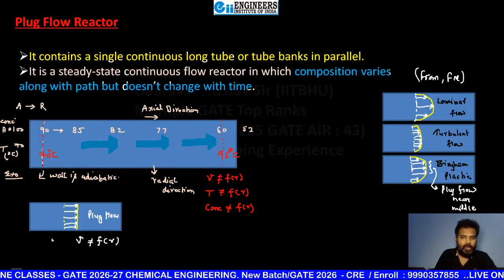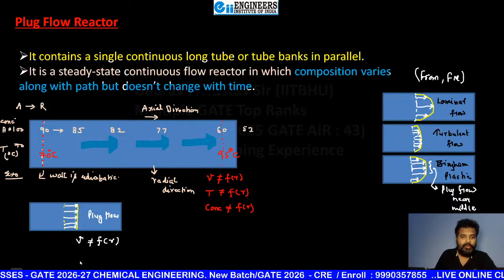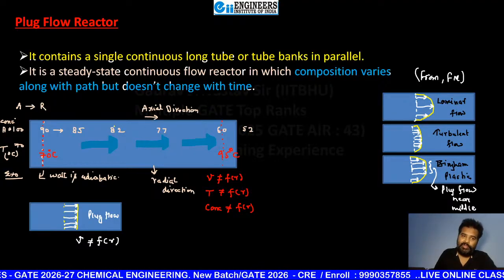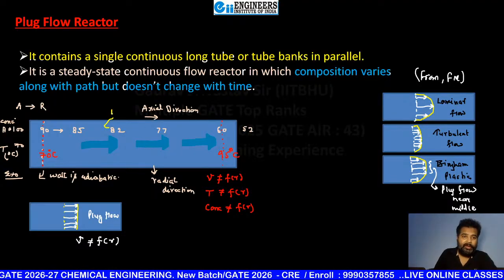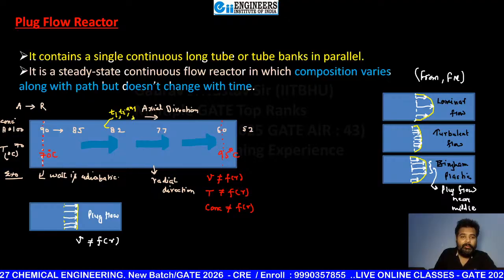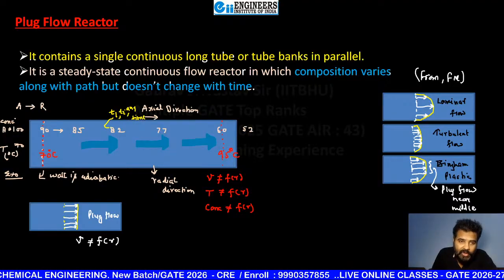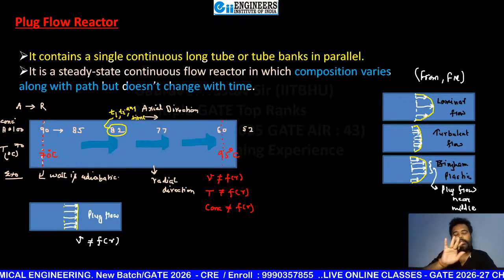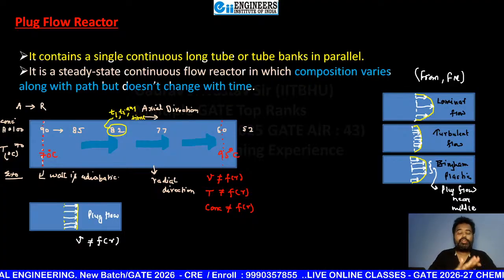Suppose you are checking the value of concentration here. It is 82, suppose, at time t1. At time t2 and at any time, if you check the concentration at this point, it will remain 82. It is not going to change.